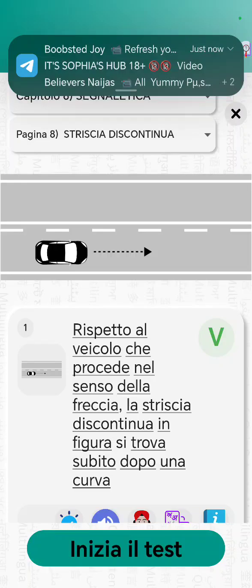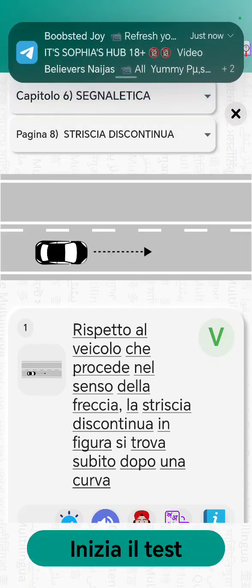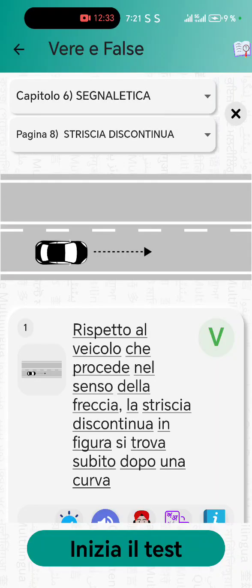So let's just go straight to the question. Why this one vero? I say rispetto a veicolo che procede nel senso della freccia, se la striscia discontinua in figura si trova subito dopo una curva. See now, vero, guys. So you know, we talk about that one, you also say linear continuum for inside the curve.